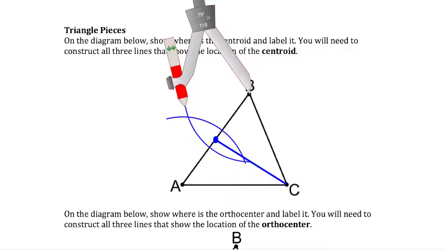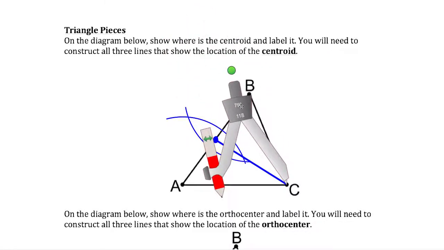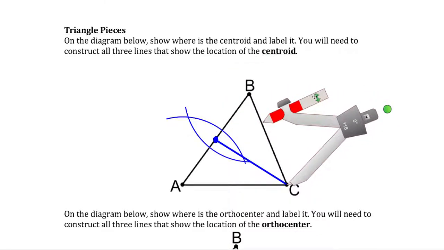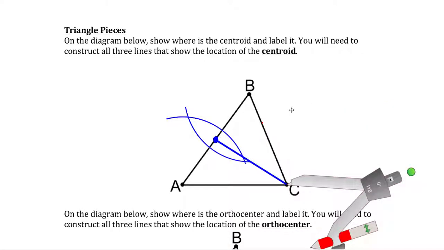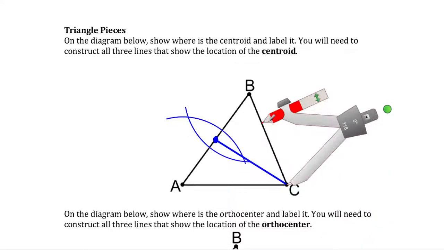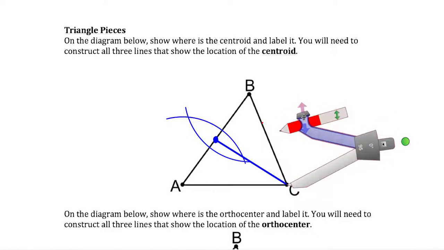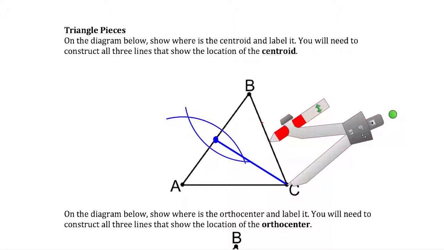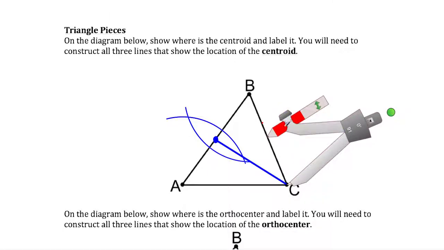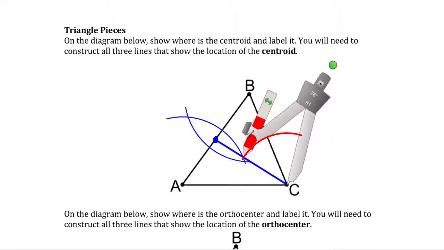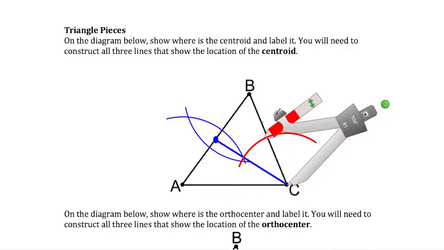So I'm going to start with C down here. And I'm going to position my compass so that I'm not sliding the paper. As I was saying, I'm going to position this compass so that it's a little bit more than halfway of where I estimate the halfway point to be. Draw a nice little arc.